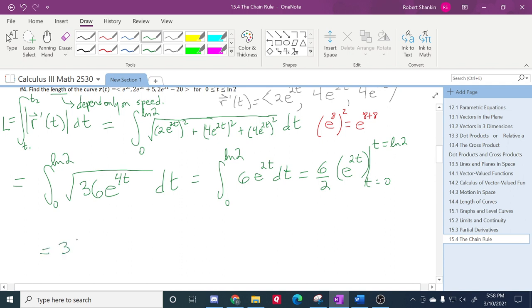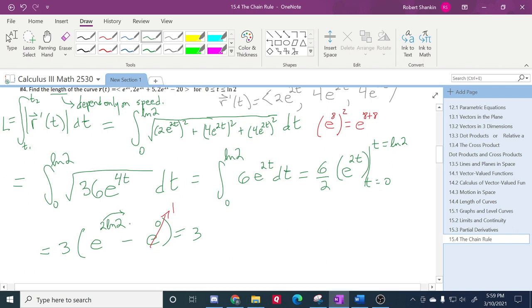So this is equal to 3, and then when you substitute ln 2, you're going to get e to the 2 ln 2 minus e to the 2 times 0, which is 0. Alright, now 2 ln 2. This 2 gets to go up here as the exponent. So this is equal to 3, and then of course e to the 0 is just 1.